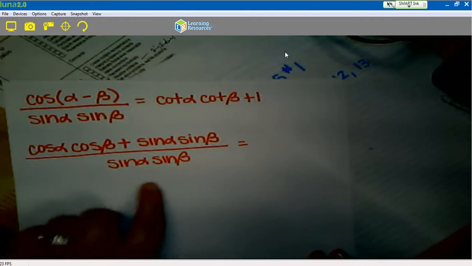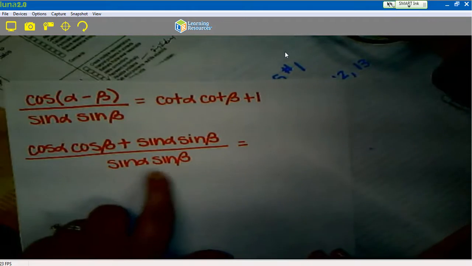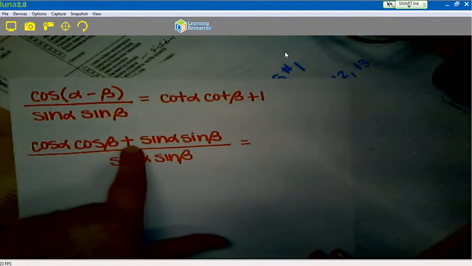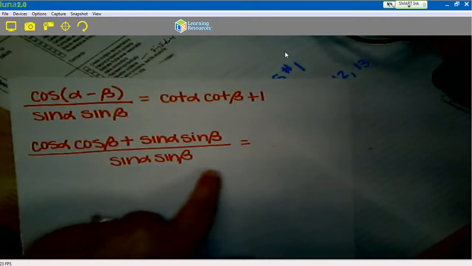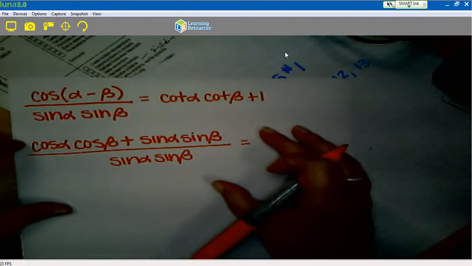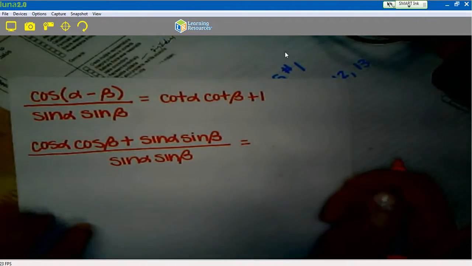Okay, so what we have here in the denominator, this is one term because the two functions are being multiplied. In the numerator, we have 2 terms because we have the addition sign in the middle. So what we're going to do is we're going to take this one fraction and we're going to split it apart into 2 fractions with that common denominator of sine alpha sine beta.